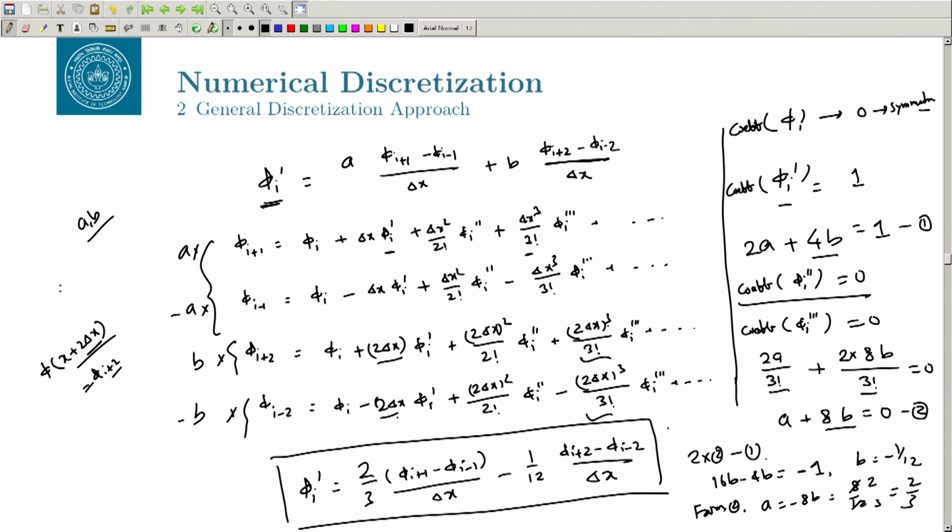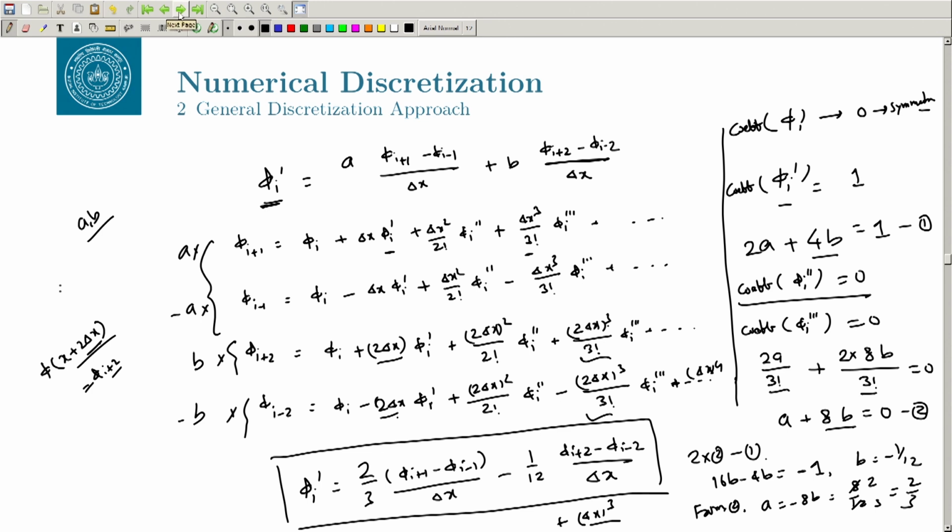If you look carefully, the order of accuracy will become higher, because the next term will be delta x to the power 4, and then you are dividing everything by delta x. So, that will become delta x cube. Please go back and check. So, your order of accuracy is increased by increasing the stencil size.